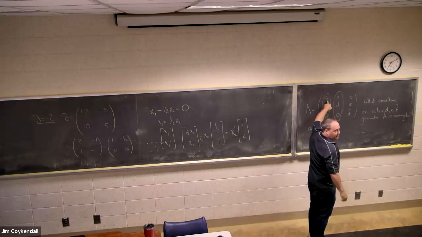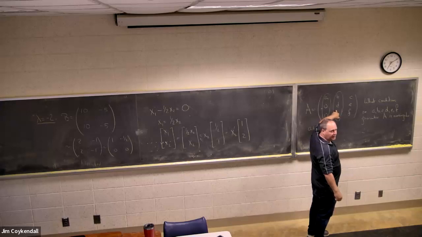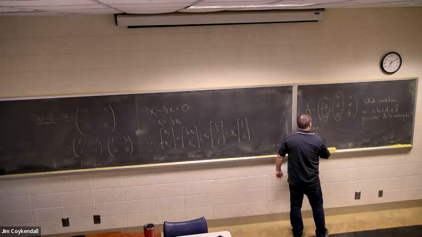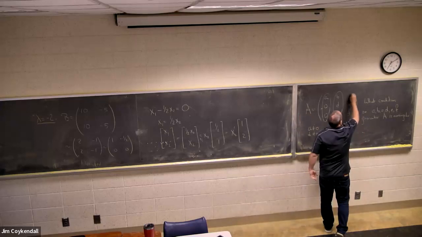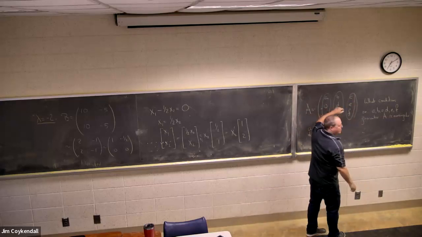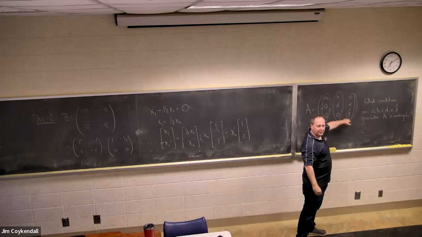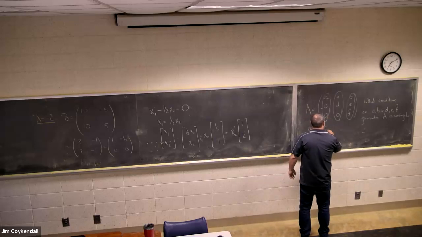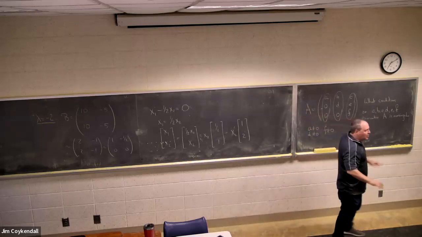Might as well be 1 if it's not 0. Now that's got to be a pivot column too. What do you need for this to be a pivot column? D is not 0. And finally, you need this to be a pivot column. So if A and D are both non-zero, what does it mean for this one to be a pivot column? Non-zero. Yeah, non-zero. And that's it. No conditions.